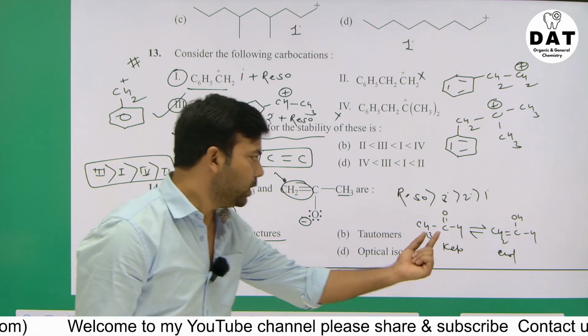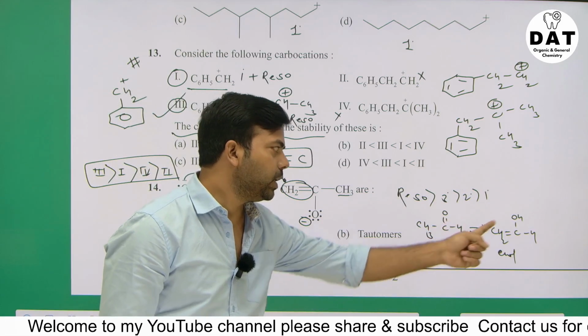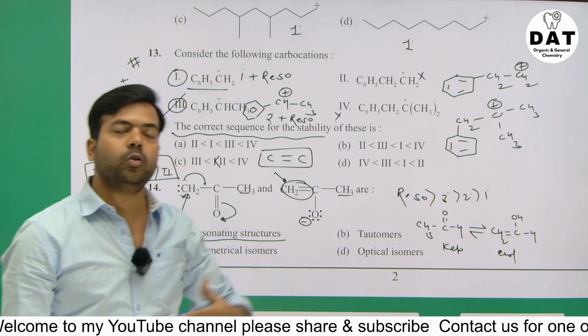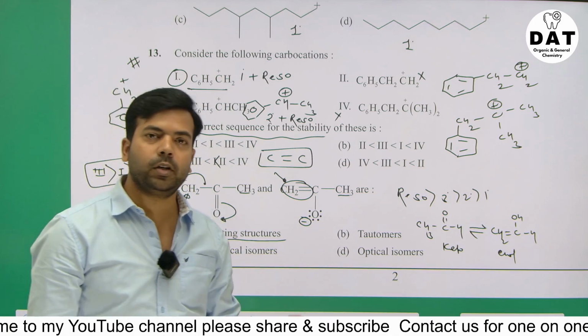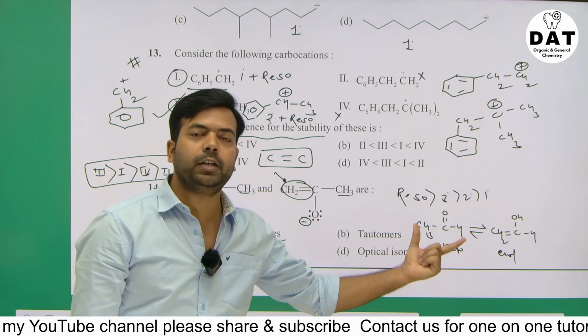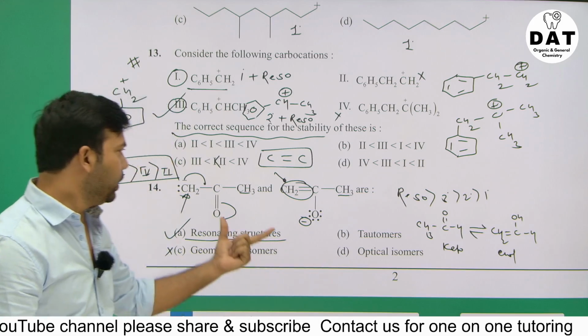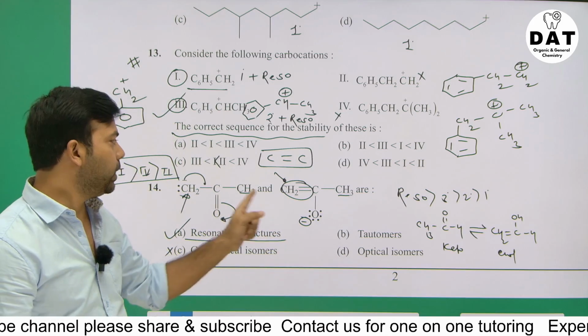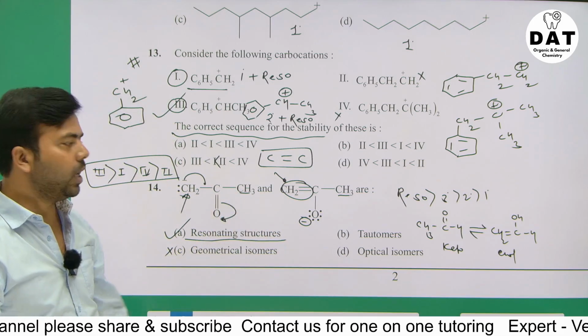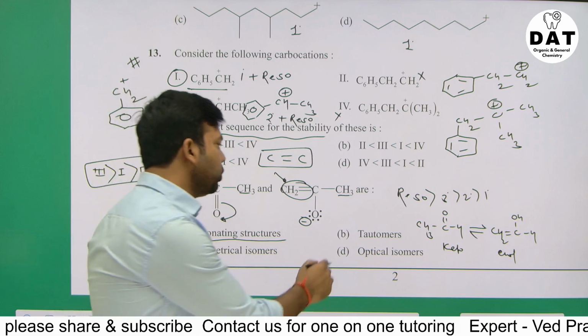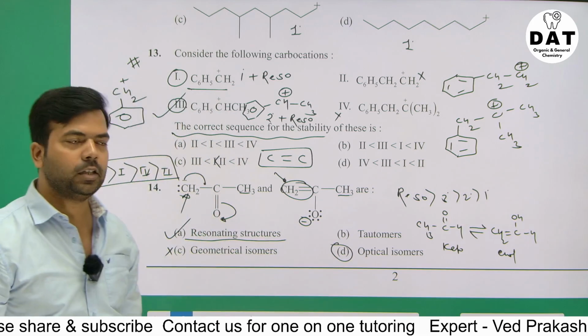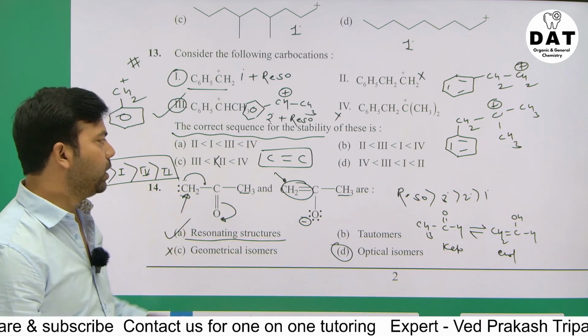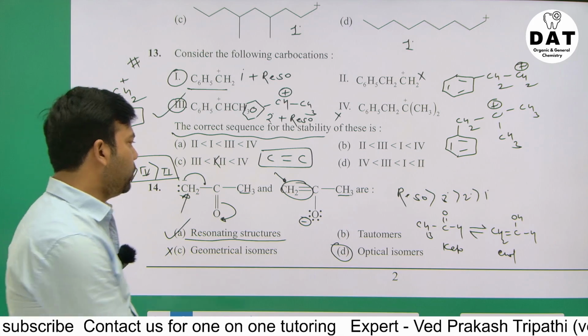Okay, you can see here we have different functional groups. This is aldehyde, this is alcohol. So tautomers are a kind of isomer where we have two different structures, not the same. But here we have the same structure, with a difference in their electron movements, and that is called resonance. Optical isomer is related to a chiral center, and you can see there is no chiral center. Makes sense? So D is wrong as well.